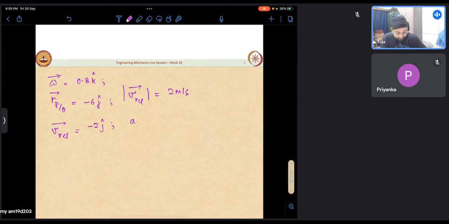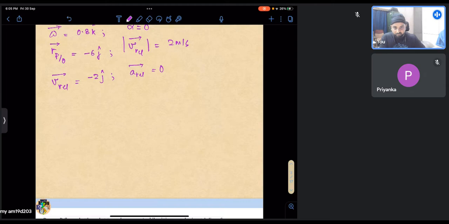So essentially a rel is 0. Likewise for the rotating frame of reference, alpha is 0 because it is given that it is rotating with a constant angular speed of 0.8 k cap. So acceleration of the person is what is asked.